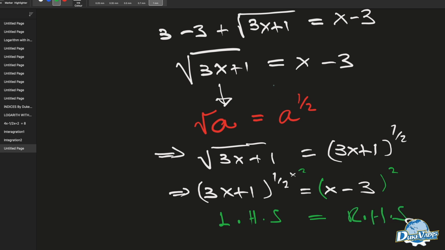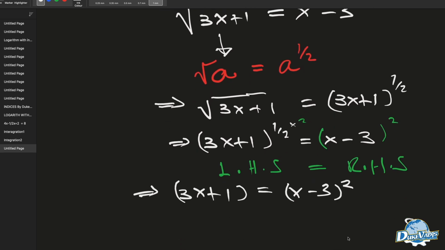So because of that, our equation will be 3x plus 1 is equal to x minus 3 squared. When we expand this, 3x plus 1 is equal to, fundamentally, x minus 3 into bracket x minus 3.